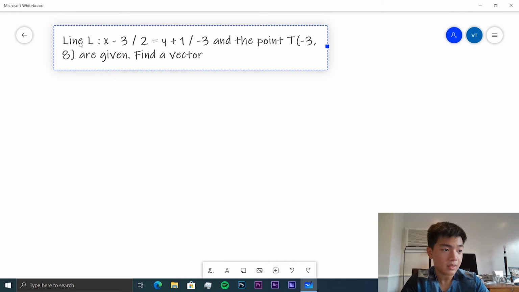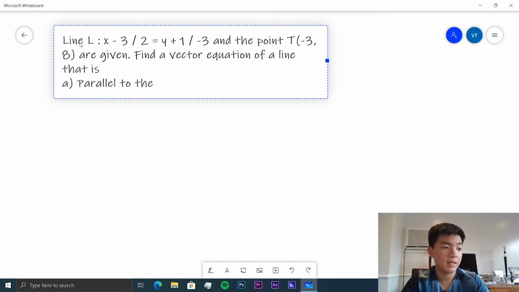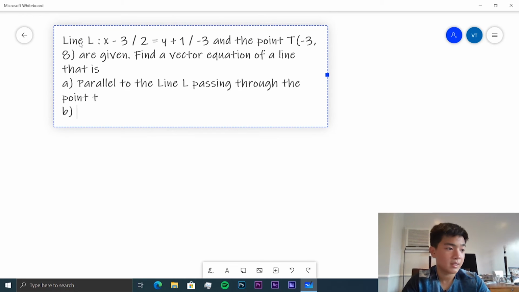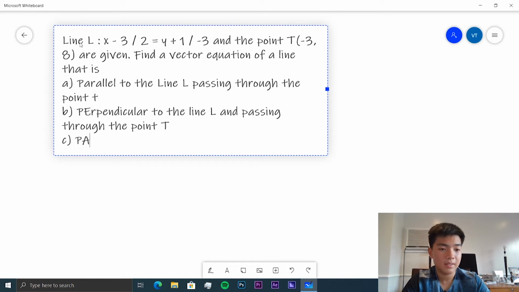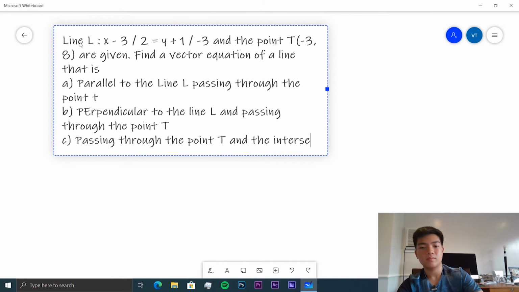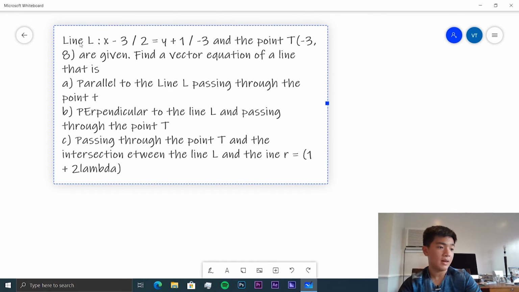Find a vector equation of a line that is first parallel to the line L passing through the point T. Next, perpendicular to the line L and passing through the point T. And C, passing through the point T and the intersection between the line L and the line R, which is equal to (1 plus 2 lambda) i plus (4 lambda minus 1) j.